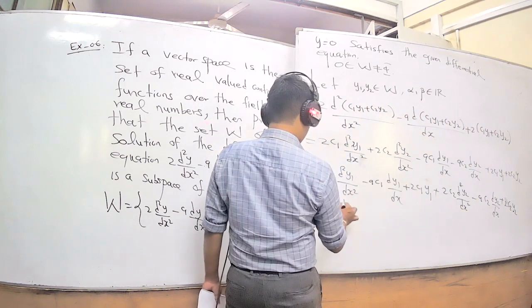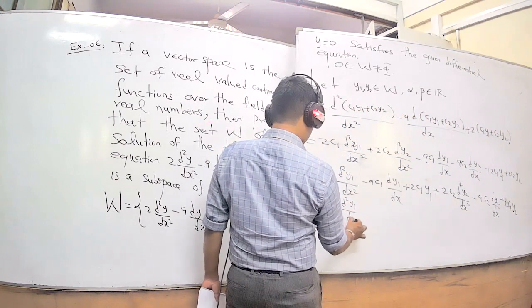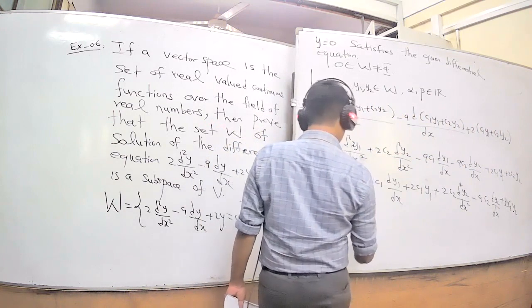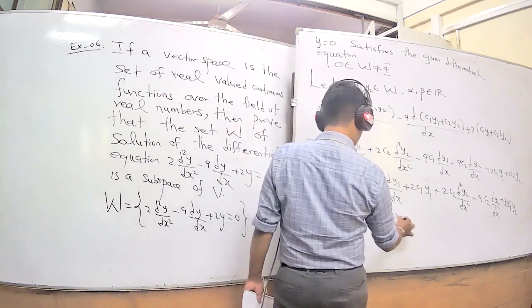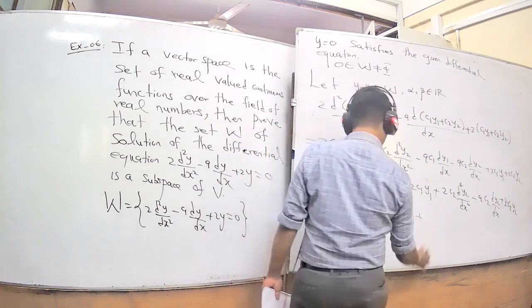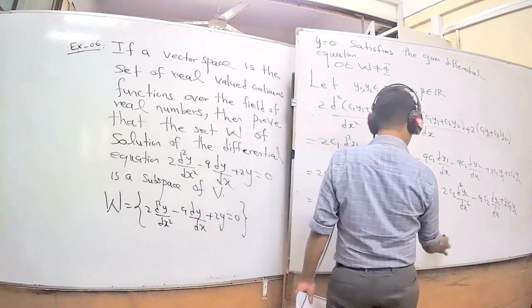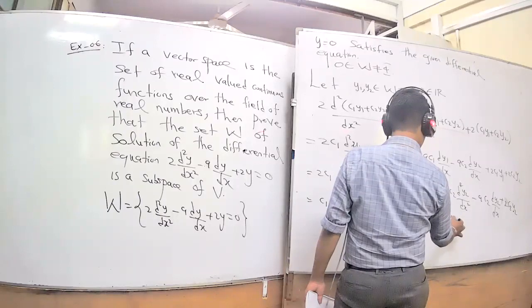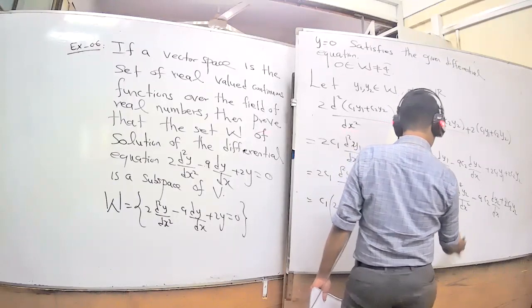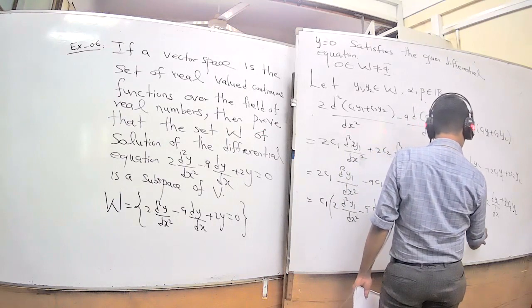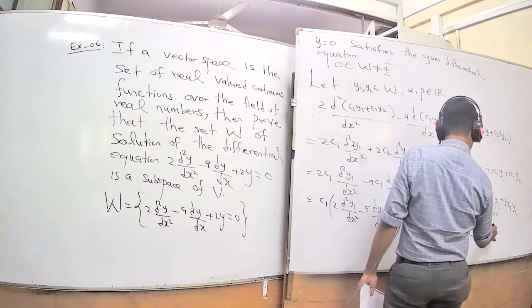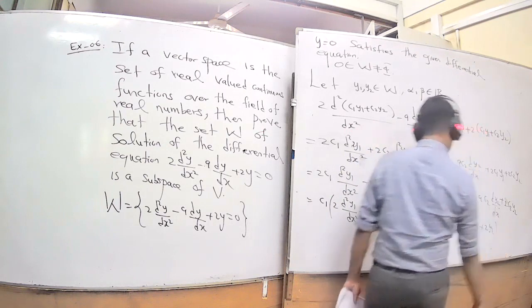You have c1 times 2 d squared y1 over dx squared minus 9 dy1 over dx plus 2 y1, plus c2 times 2 d squared y2 over dx squared minus 9 dy2 over dx plus 2 y2.